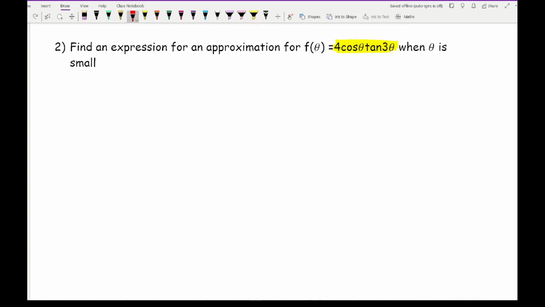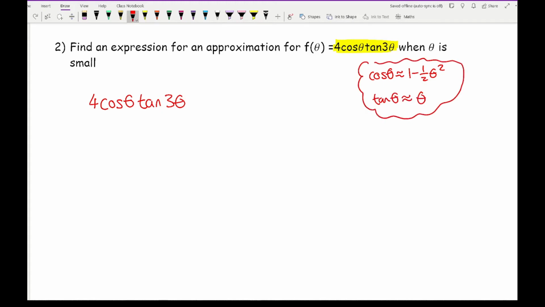So starting with this question, I'm going to write down the expression. So I've got 4 cos theta tan 3 theta. Now, just a reminder, I know that cos theta is approximately 1 minus a half theta squared, and tan theta is approximately just theta when theta is small. So these are the expressions that I'm going to be using.